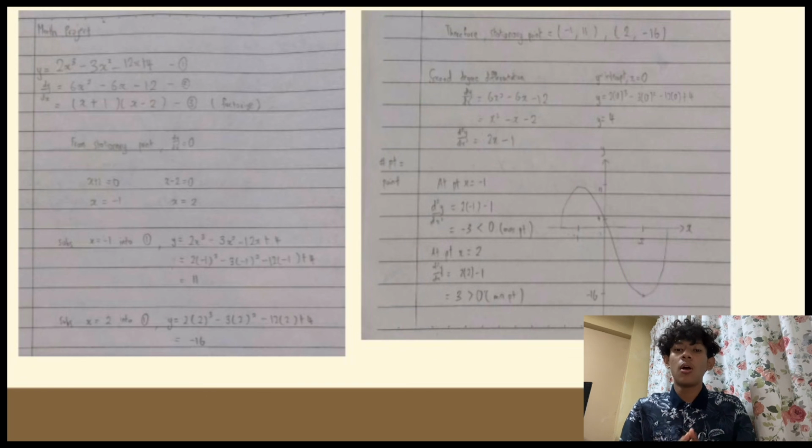The equation is y equals 2x to the power of 3 minus 3x to the power of 2 minus 12x plus 4. Now x is substituted with 0, so y equals 2 times 0 to the power of 3 minus 3 times 0 to the power of 2 minus 12 times 0 plus 4.